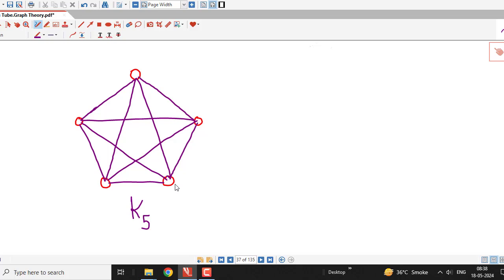Now observe that in a complete graph, every vertex must be joined by an edge with the remaining vertices. Here I have five vertices in K5, n equal to 5. So each vertex must be joined with the remaining n minus 1, that is 4 vertices, or there are 4 edges incident with that vertex.